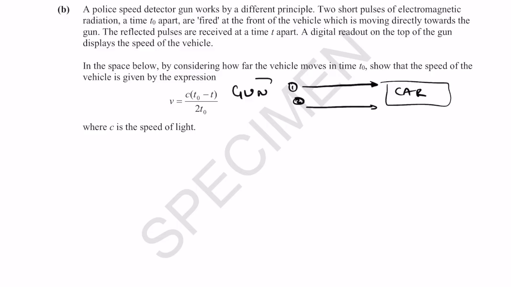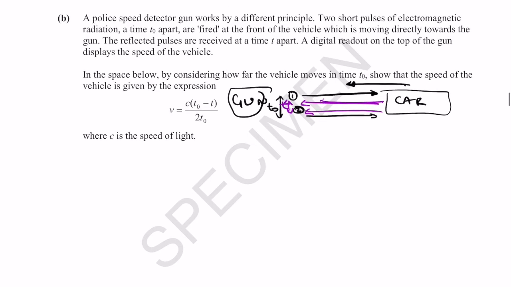As the car is moving towards the police speed detector gun, they are fired t0 time apart, and these are reflected back, and they are received t seconds apart. Oh, I've drawn the biggest diagram there.